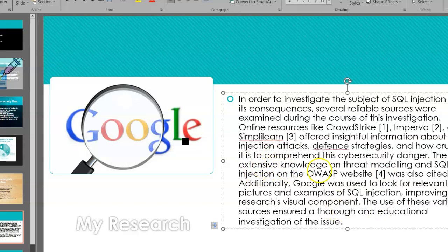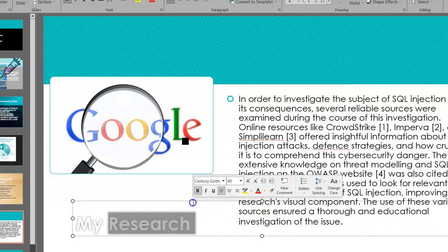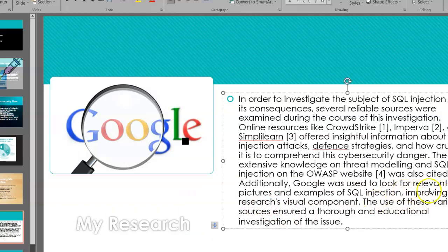The extensive knowledge on threat modeling and SQL injection on the website OWASP was also cited. Additionally, Google was used to look for relevant pictures and examples of SQL injection, improving the visual component of the research. The use of these various sources ensured a thorough and educational investigation of this issue.